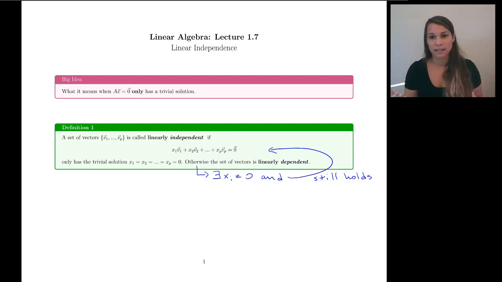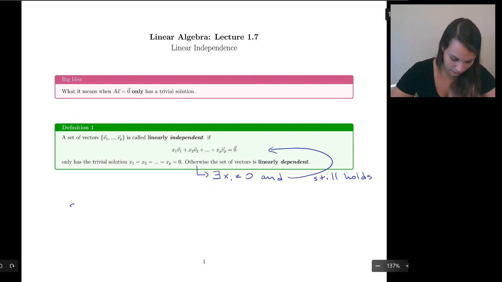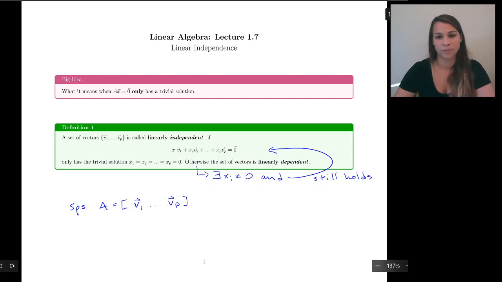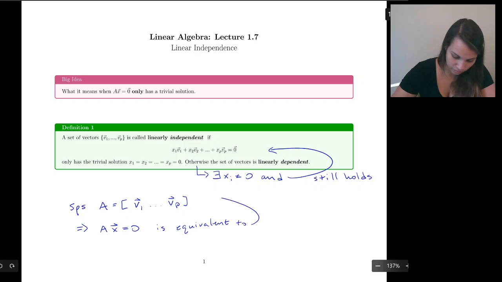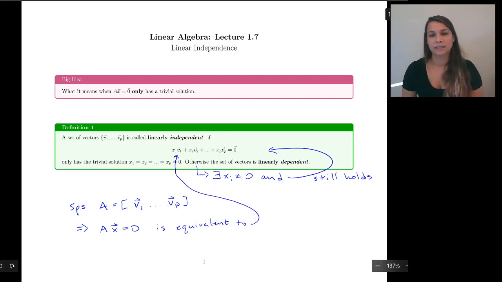So how does this relate to Ax equals 0? Well, suppose A was equal to v1 up to vp, so the vectors were the columns of A. Then we would have A times x equals 0 is equivalent to that sum right there.